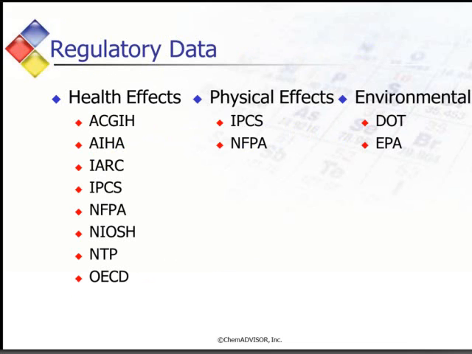Looking at the regulatory data that LOLI includes, beyond the classification and discrete physical and toxicological characteristics, we include data from different organizations, agencies, or industry groups that contain information to support determination of health effects, physical effects, or environmental.